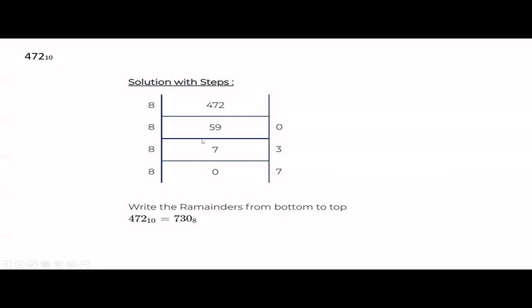So 59, it's actually 8 into 7. It's 56. So you have 3 as the remainder. 7 you cannot divide by 8. So 0 quotient and you have 7 as the remainder. So your answer, always you have to consider the remainders bottom to top. So 7, 3, 0 with the base 8.